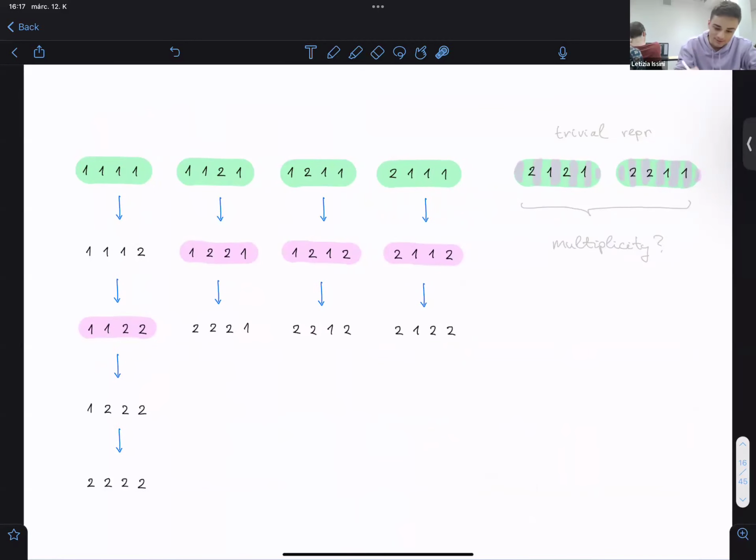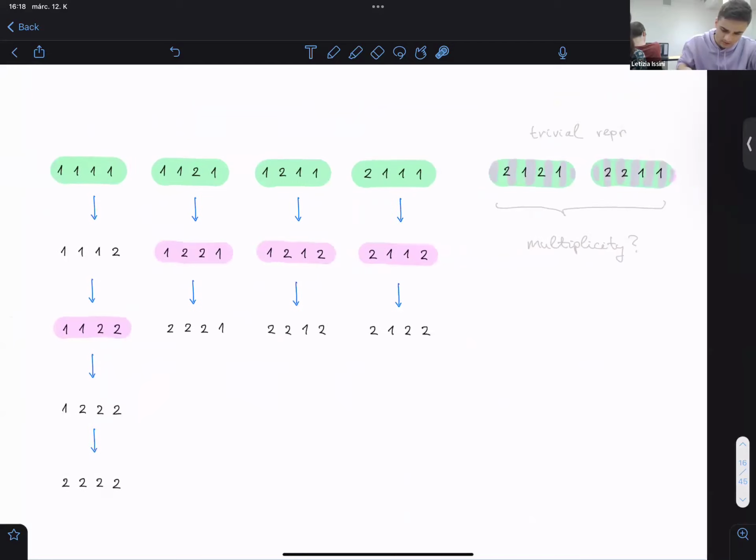So let's look at the multiplicity of the trivial representation. The trivial representation is just a one-dimensional representation, assigning to any element the zero endomorphism. So let's look at the multiplicity of this.